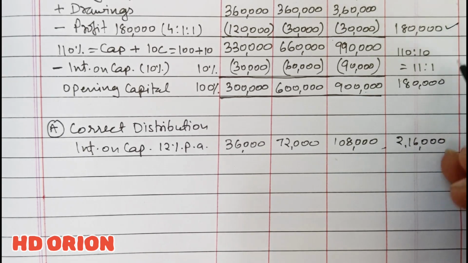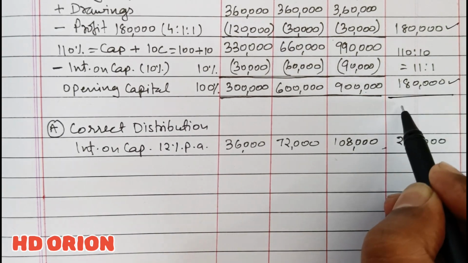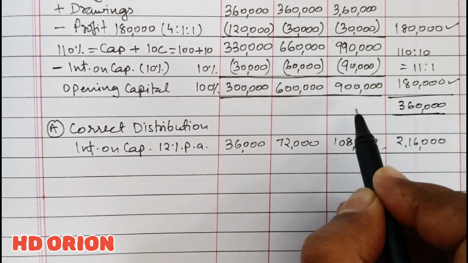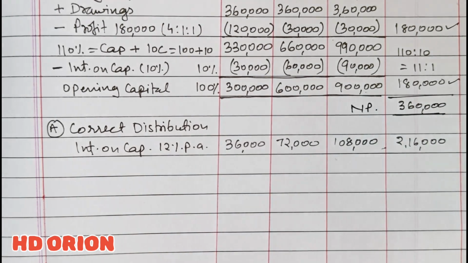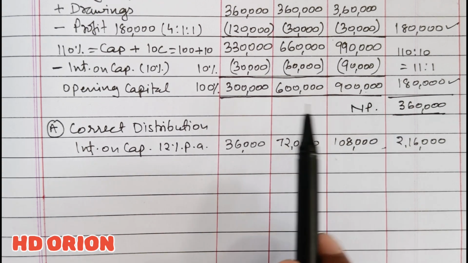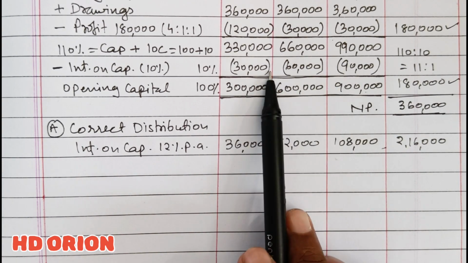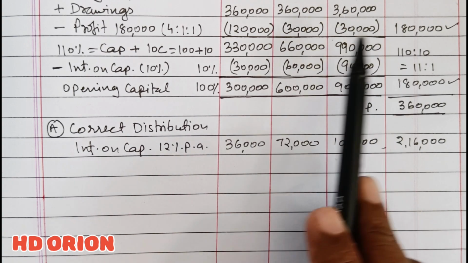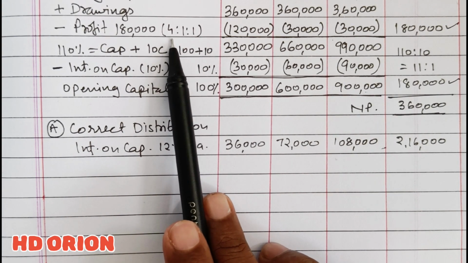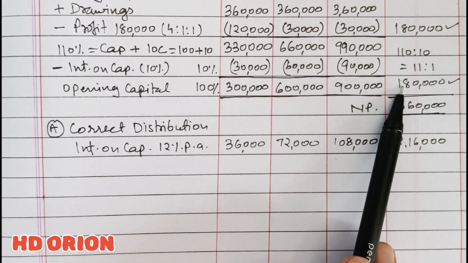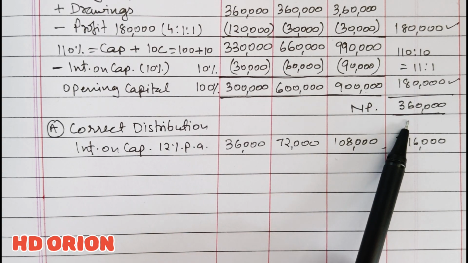Now when you add these two amounts, this is our net profit, that is 3,60,000. 3,60,000 is our net profit for the year. Out of this 3,60,000, the firm by mistake has given 10% interest on capital, that is 1,80,000, and the remaining 1,80,000 was given to the partners wrongly in the ratio 4:1:1. So in this way, when you add 1,80,000 plus 1,80,000, 3,60,000 is our net profit.